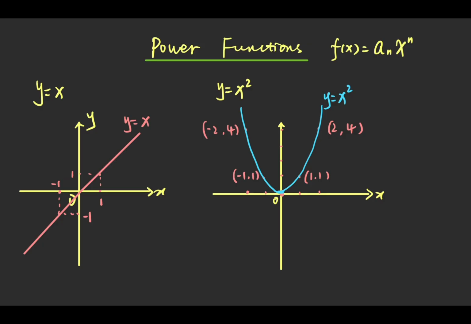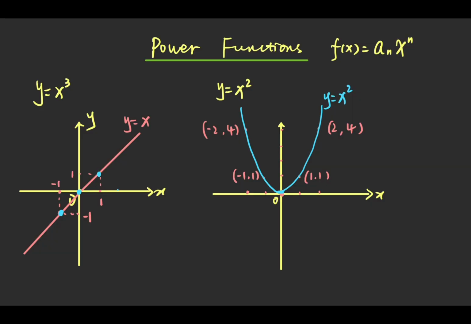Okay, next one, y equals x raised to 3. If we use the same Cartesian plane, we can sketch its graph. Of course, the origin should be on this graph, and this point is also on the graph of the cubic function.